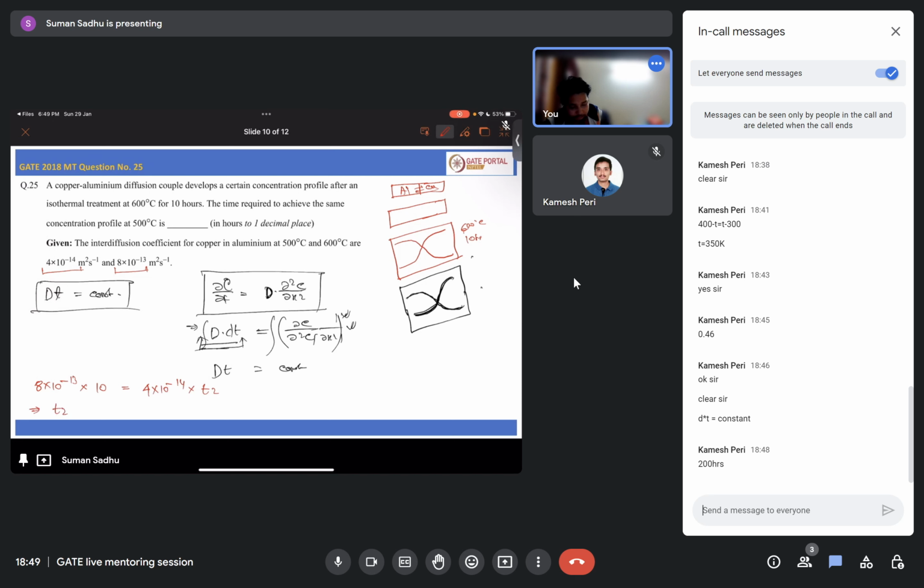If you calculate from this, you will get 80 by 4 into 10, that should come to 200 hours. Yes, you have calculated, right, so it will be 200 hours.